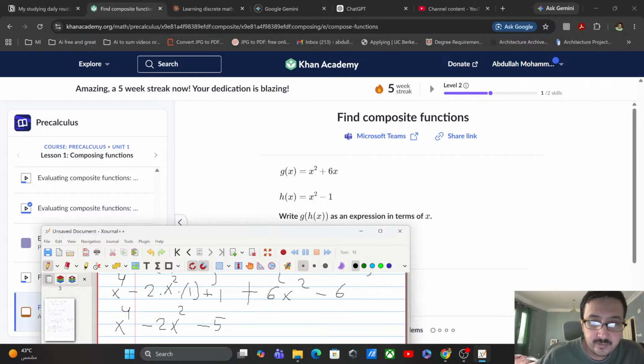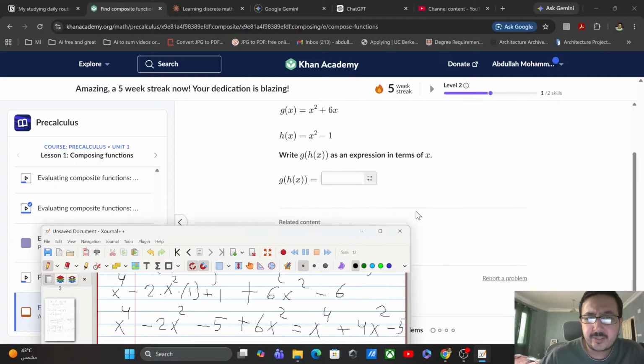And I got plus 6x squared, which equals 4x squared, because I got minus 2 and plus 6, where the power 2 is the same. It's a square, so they add up. So it's a plus 4x squared minus 5. Please be correct.